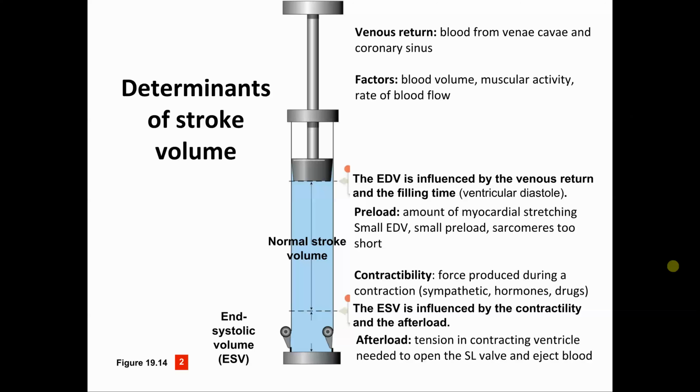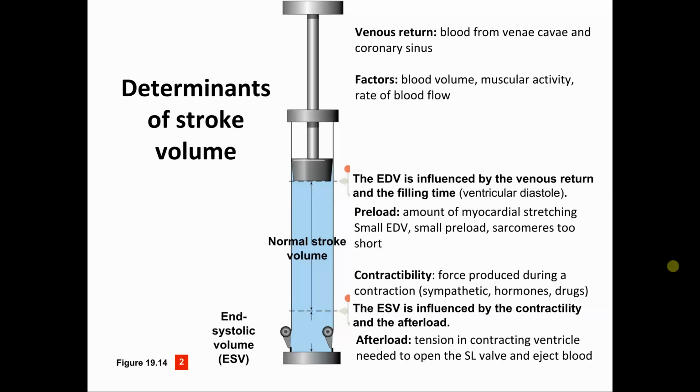So then other factors that are going to affect stroke volume, preload, which is the amount of stretching. And just like our skeletal muscles, there's an optimal sarcomere length for strength of contraction. So if the heart is not full, your sarcomeres are going to be very short.